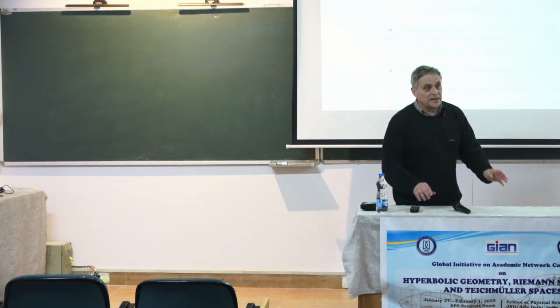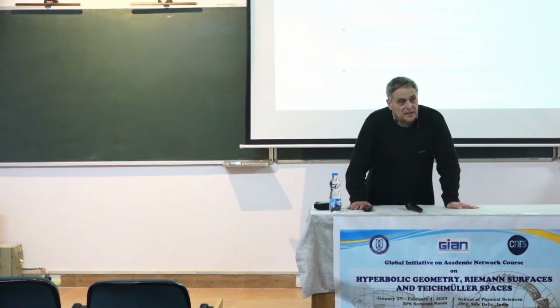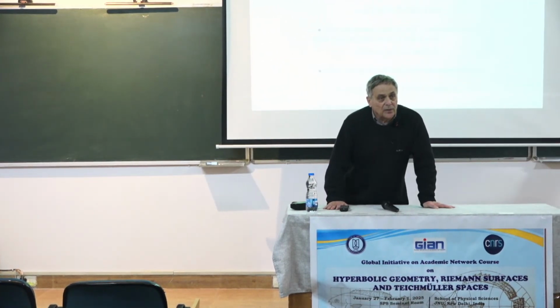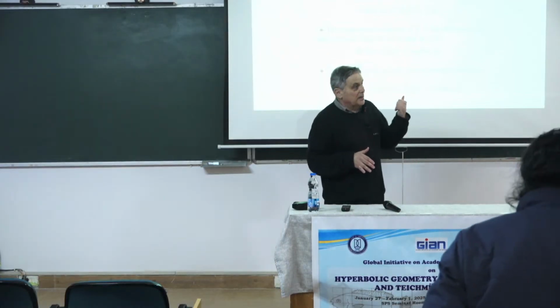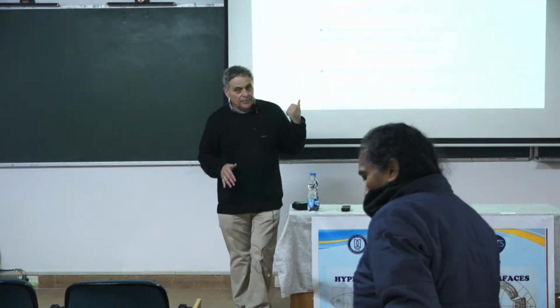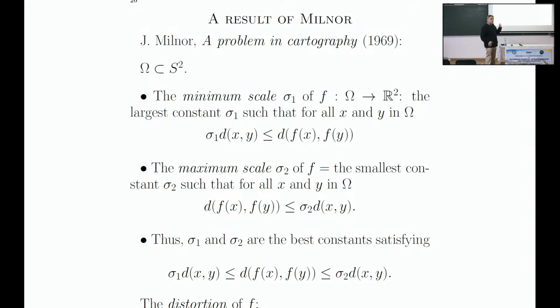I will talk about this later. Yesterday we talked about the quasi-conformal distortion, which is a measure of how a map differs from being conformal or angle preserving. I want to mention this third way of measuring distortion of maps.